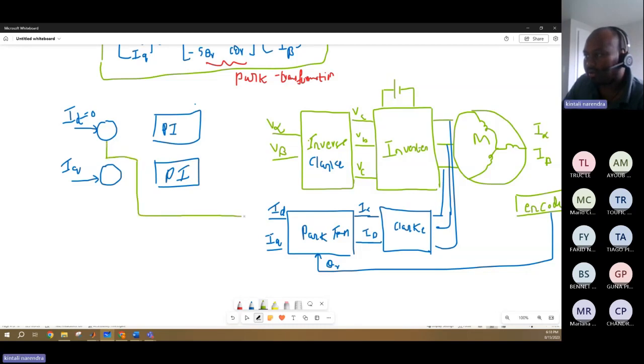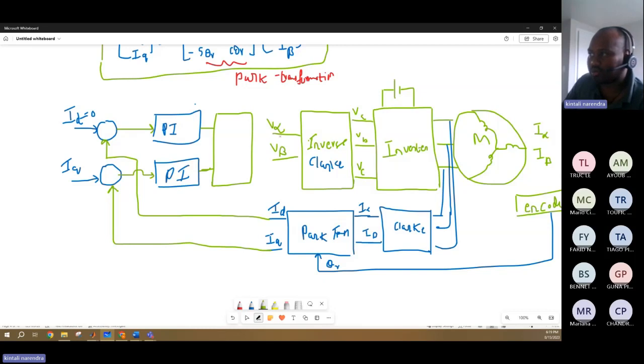This is your ID and this is your IQ, and the error you give to a PI controller. From the PI controller, you'll get ID and IQ. From ID and IQ, this is V alpha and V beta, so again you'll apply inverse Park transformation.